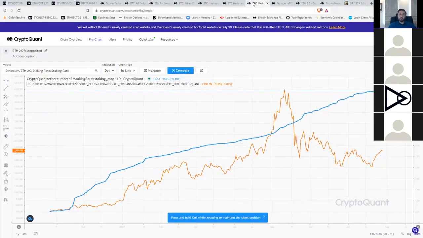And on this chart, what I've got here is actually the amount deposited relative to the total supply of Ethereum. So currently, today, 5.5% of the total supply of Ethereum is locked up in this contract. So what that means, as a trader, as an investor, we can see this chart is increasing over time. It means that supply has been taken out of the market, right?